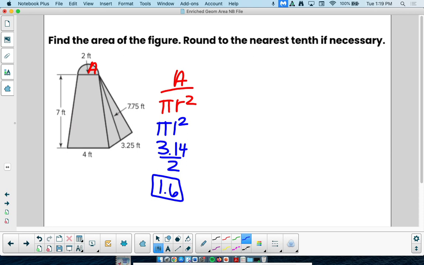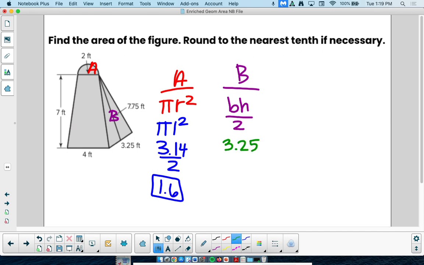You guys see another shape up here? Triangle. Okay, I'm gonna call this guy B, our triangle. We said that's base times height divided by 2. What's your base? 3.25.